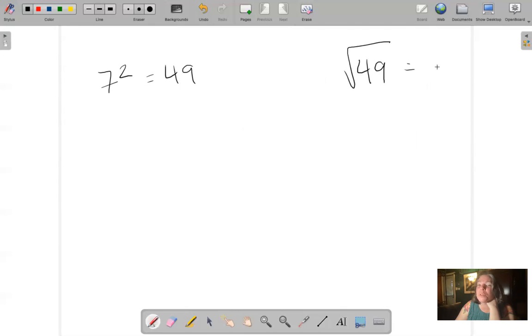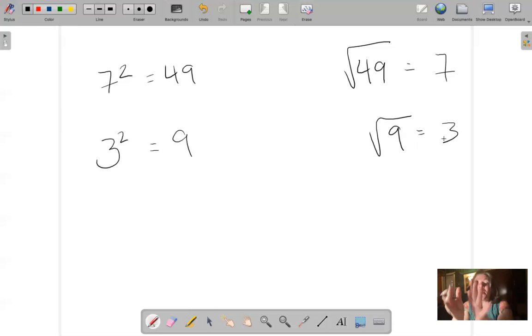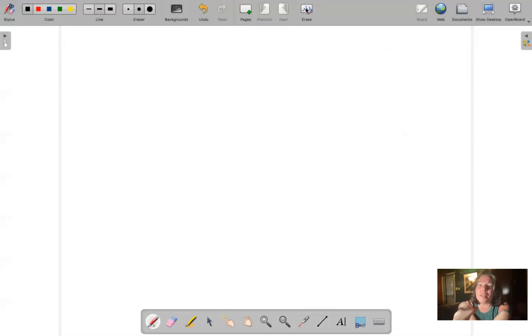The square root of 49 is 7. What is 3 squared? 3 squared is 9. What is the square root of 9? The square root of 9 is 3. Okay, you have to be able to do that fairly quickly to be able to understand the Pythagorean theorem.